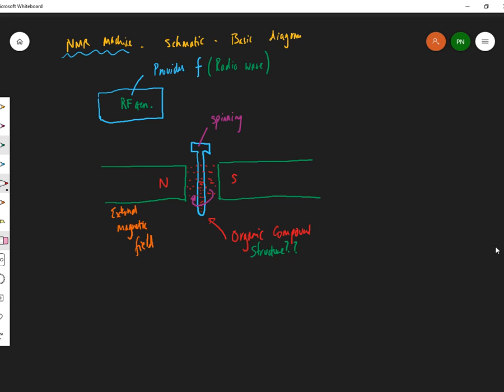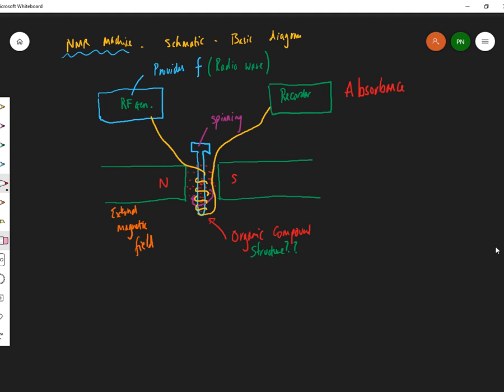Okay, now watch this. This is my radio frequency generator, and that goes, it wraps around this, and then it goes up to some sort of recorder, a recording device. So this is my recorder, and this records absorbance, what has been absorbed.